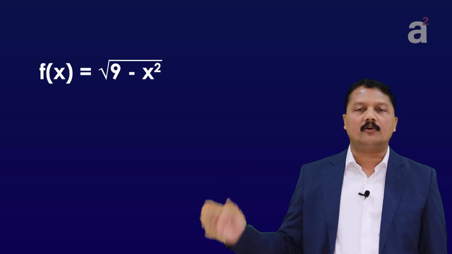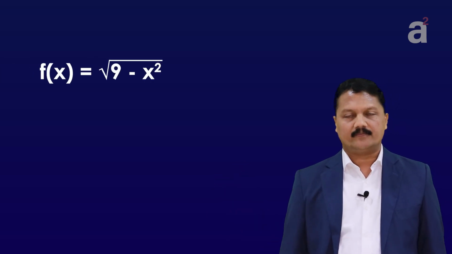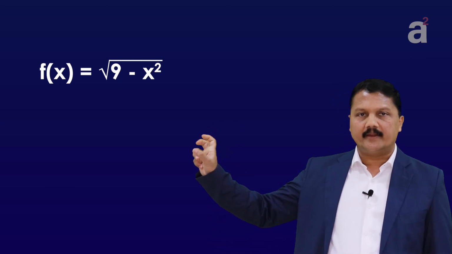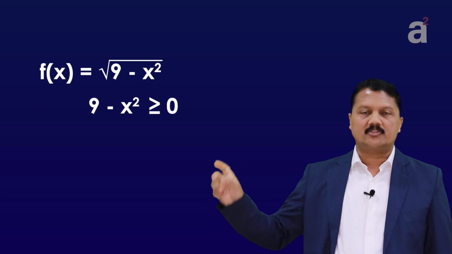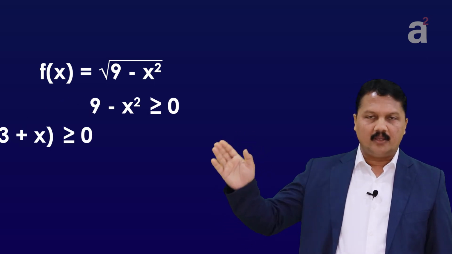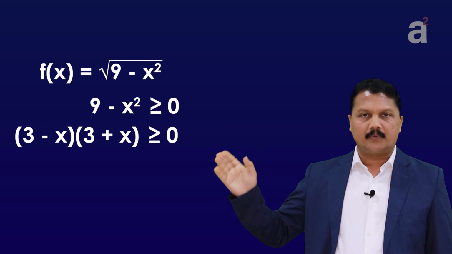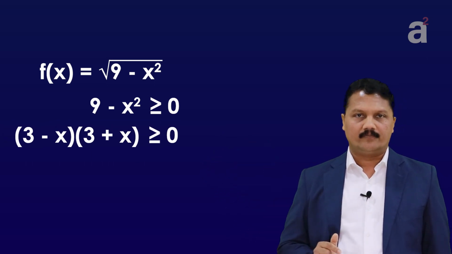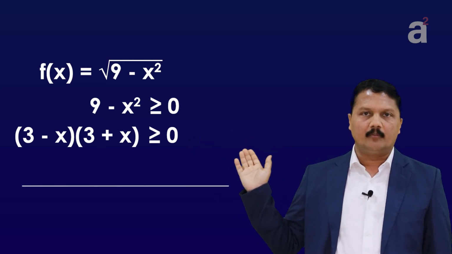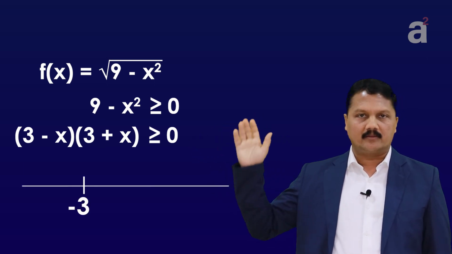Another example for square root function, it is root of 9 minus x square. So here the polynomial inside is 9 minus x square, which should be greater than or equal to 0. That means 3 minus x into 3 plus x is greater than or equal to 0. Same like the previous one, we will draw a number line and we will mark negative 3 and 3.